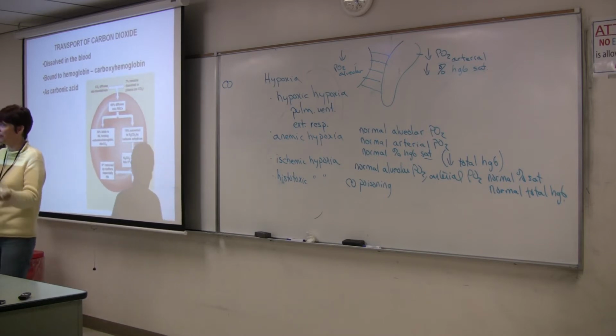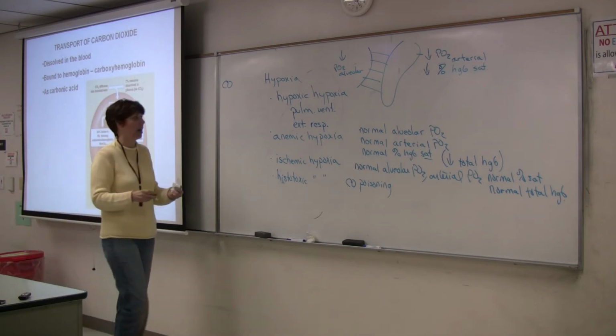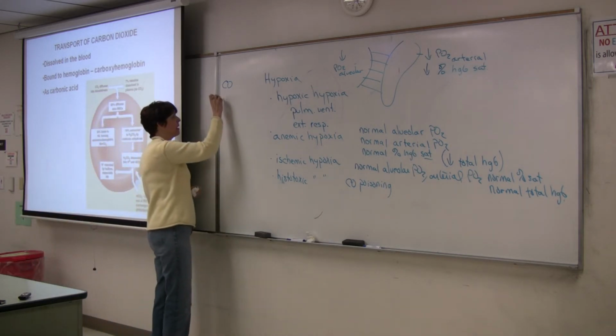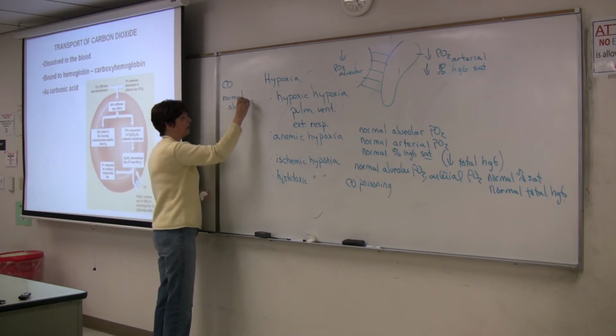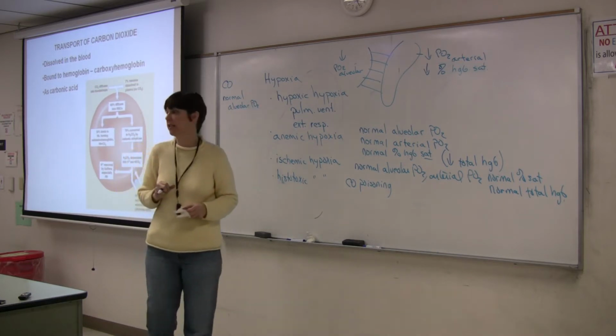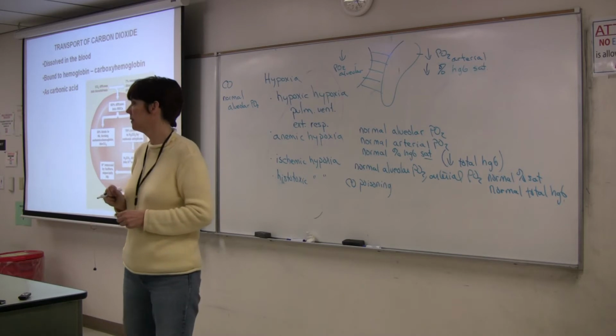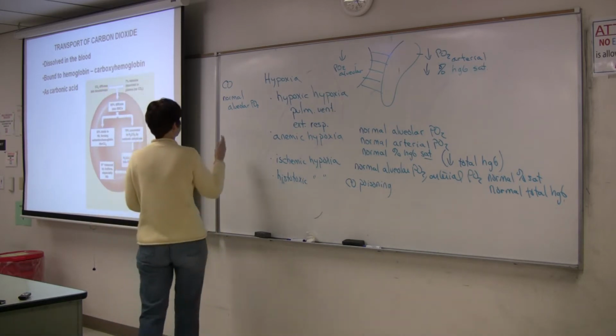So it's not like we lowered our oxygen from 21% to 15 or something and replaced it with carbon monoxide. So with CO poisoning, we would have normal alveolar PO2. What about arterial PO2? Yes, we would have normal arterial PO2.